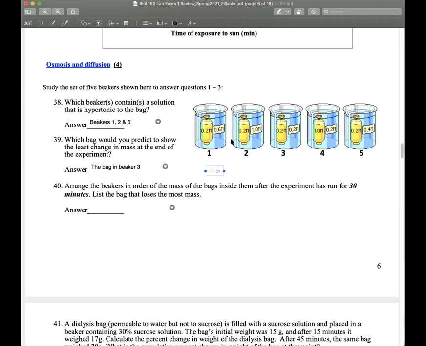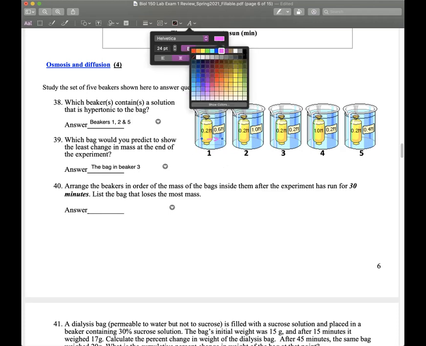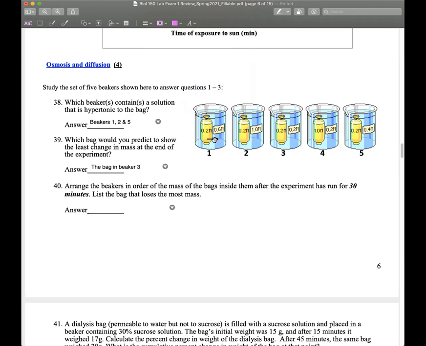Water is going to leave the bag. Well, that could be a little bit bigger. Okay, well, that's my little arrow. And so this is indicating that water is going to leave the bag and enter the beaker.